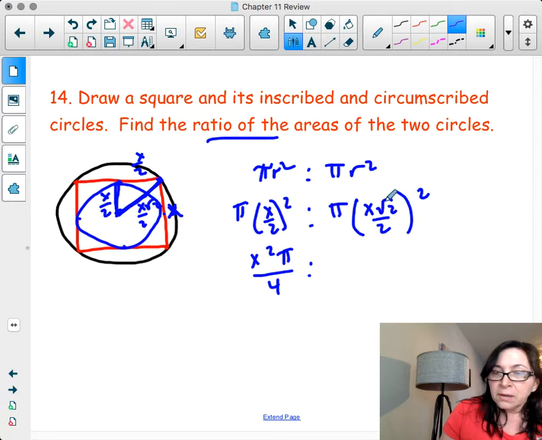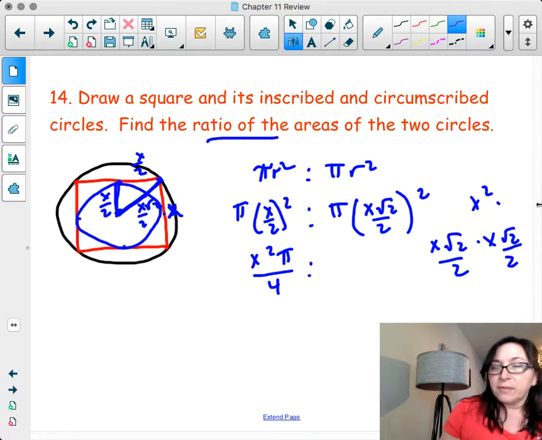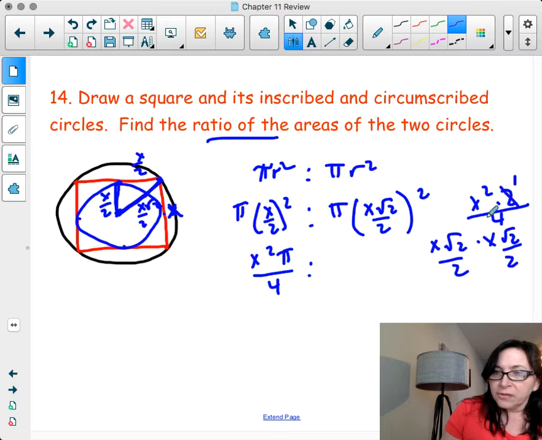And this is going to be x root 2 times x root 2 over 2. So that's going to be x times x, which is x squared. Root 2 times root 2 is 2, over 2 times 2, which is 4. 2 will cancel, and so I have x squared pi over 2.